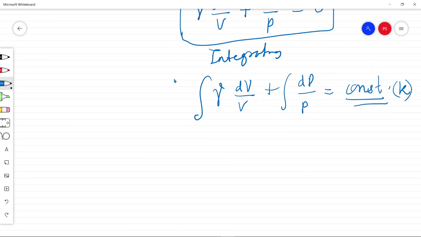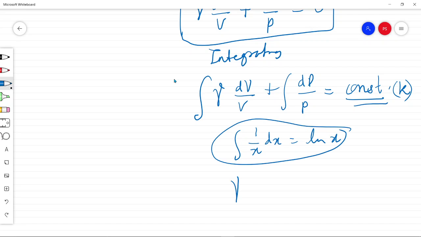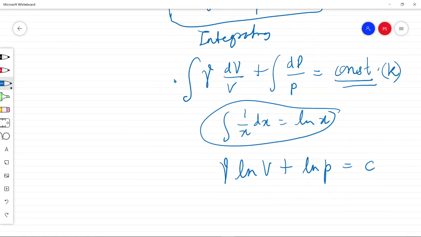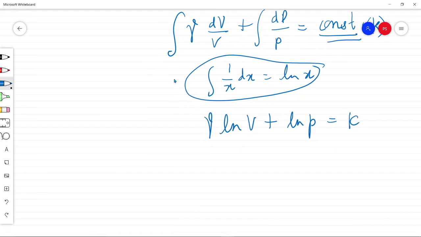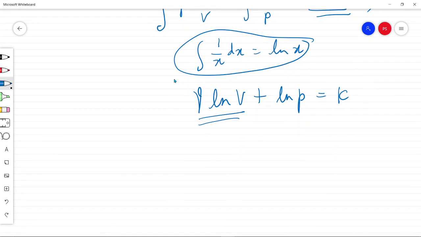Now we know that the integral of 1 by x dx is log x. So applying this formula here, we get gamma into log V plus log P is equal to a constant, let us say k. Now by the rule of logarithm, gamma log V is log of V raised to gamma, plus log of P as it is.